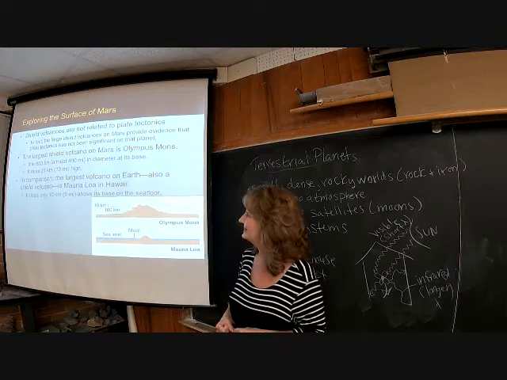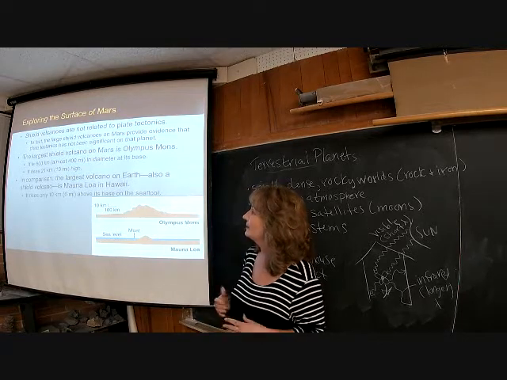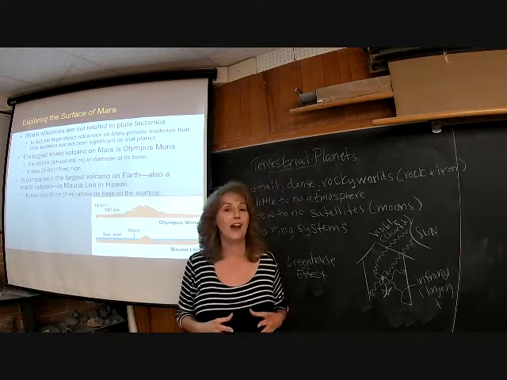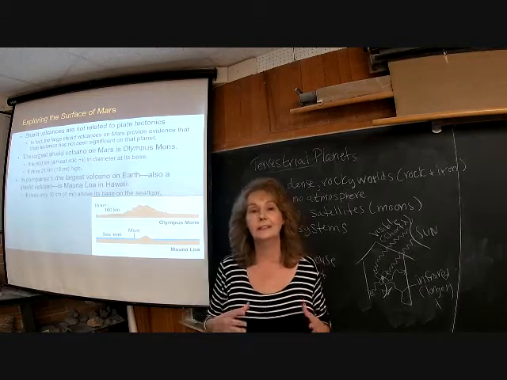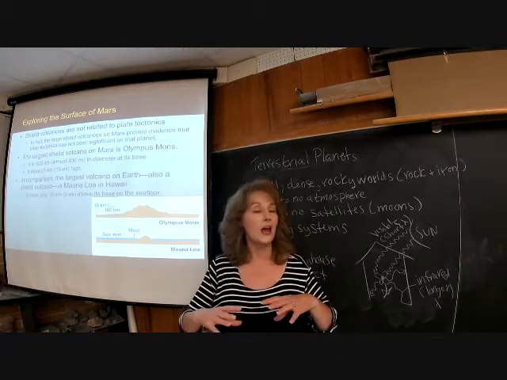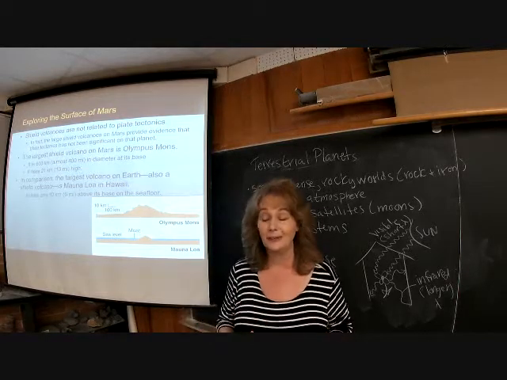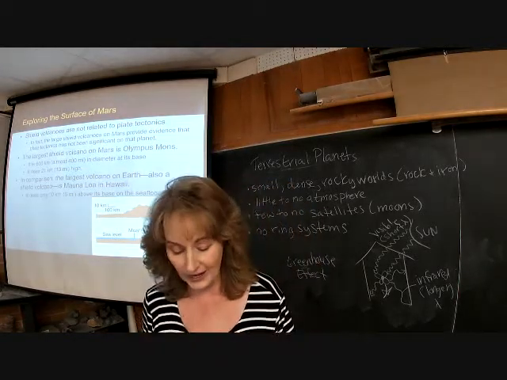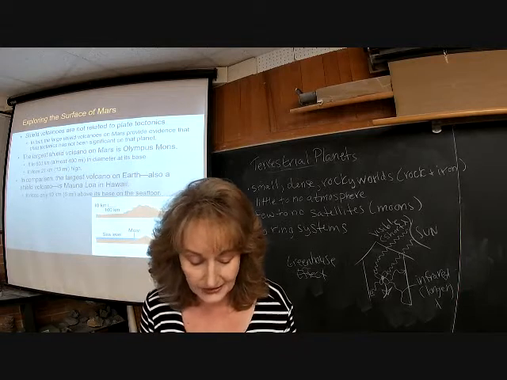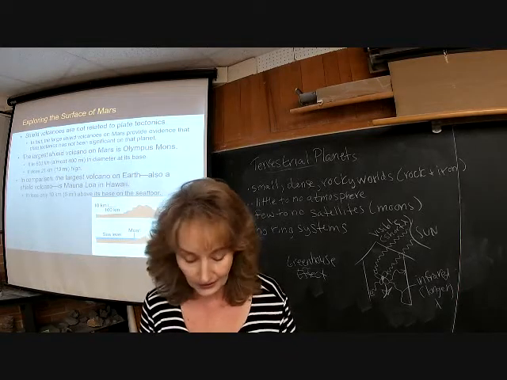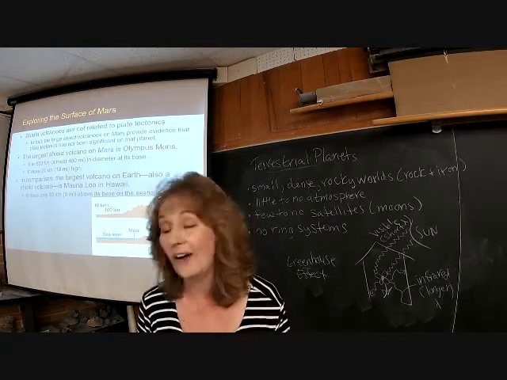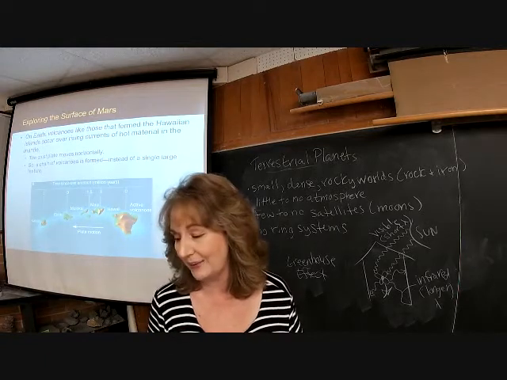So what is happening on Mars is that it does not have plate tectonics. Plate tectonics did not develop, and so therefore the crust is thicker, and you can get your mountain building of the shield volcanoes to really just continue to get taller and taller on Mars, okay, in comparison.